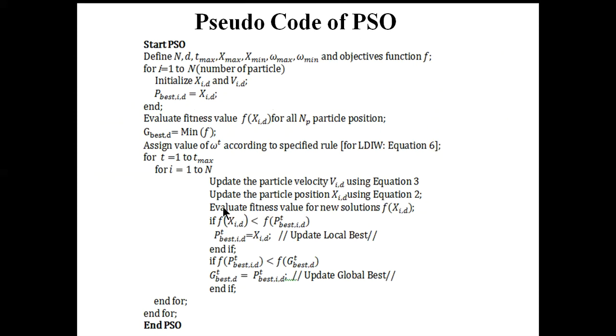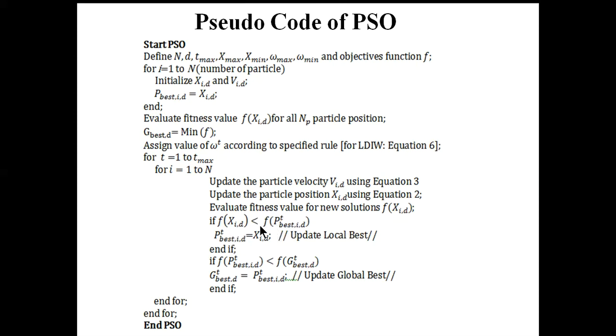Now evaluate the fitness value for the new solution. We get xid as the new solution, so we need to get the fitness value for each position, that is f of xi,d. Now if the current solution is better than the previous particle best or local best solution, then obviously we need to update the local best.